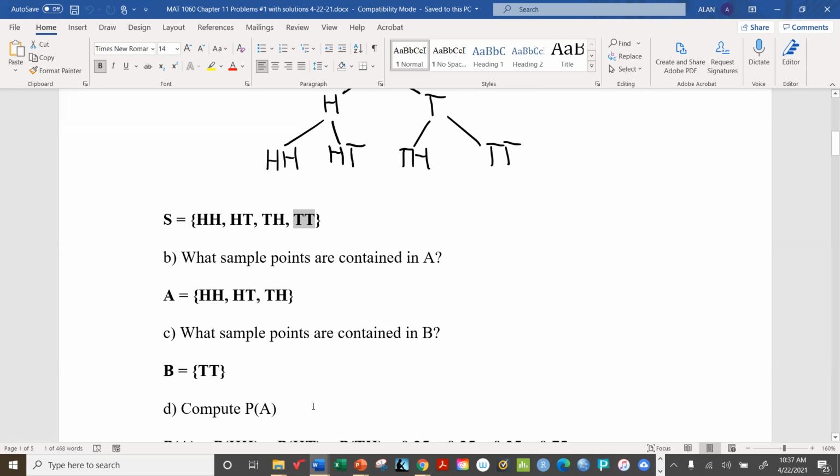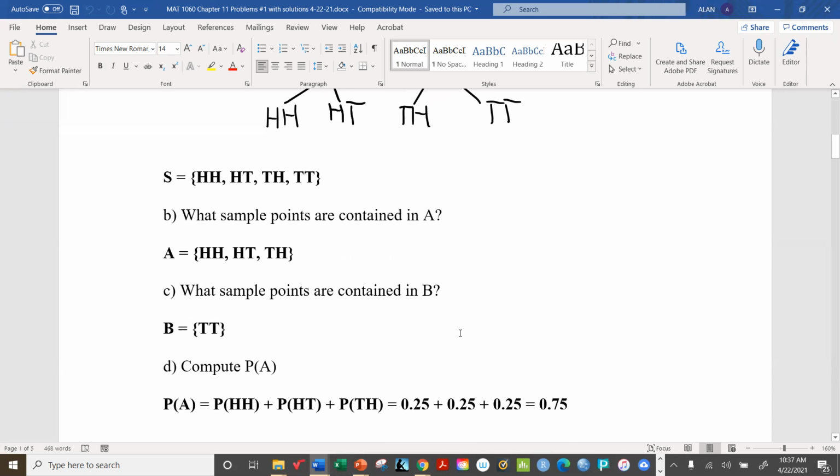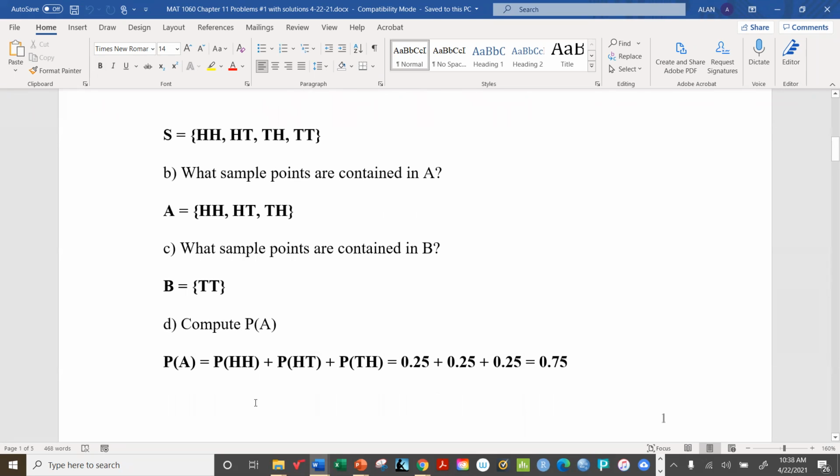So for example, what would be the probability of A? All right, well, the way to think about this is that it contains the elements HH, HT, and TH. So always this option is on the table. What we can do is calculate the probability of each of these elements individually and then add them up. Now, if you notice, each one is listed as 0.25. Now, why is this happening?